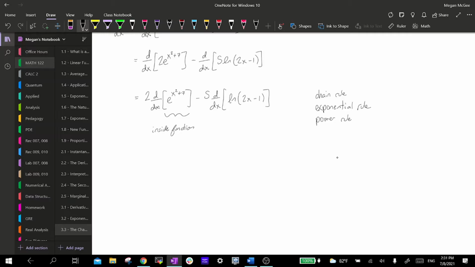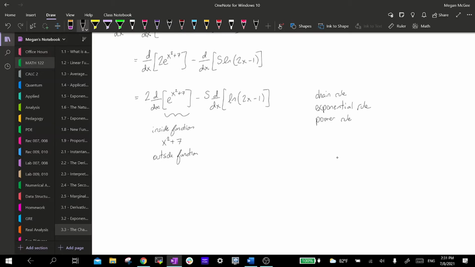So we have e raised to the x squared plus 7. Earlier we had an e raised to the negative x squared, and our inside function was the exponent, our negative x squared. So if we think in a similar manner, our exponent is x squared plus 7, so our inside function is x squared plus 7. Next, our outside function.